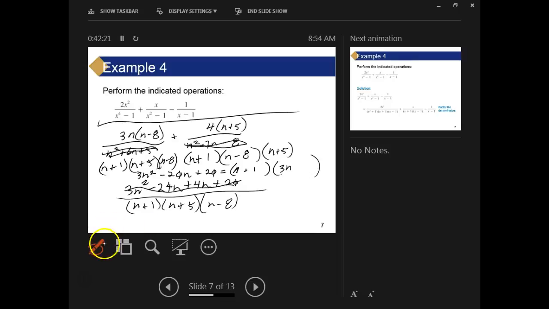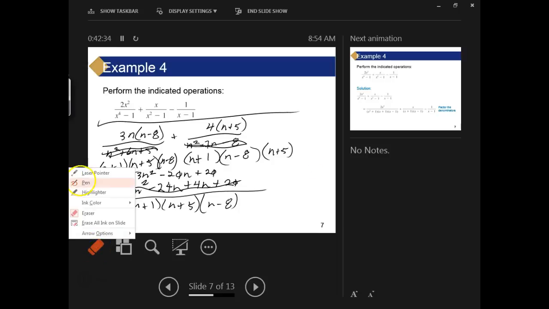So you can leave it. We don't even need to try to factor anymore. Even if it's factorable, it's not going to help you. So don't waste the time. You can factor if you want to. I don't think it's factorable, but you got it.